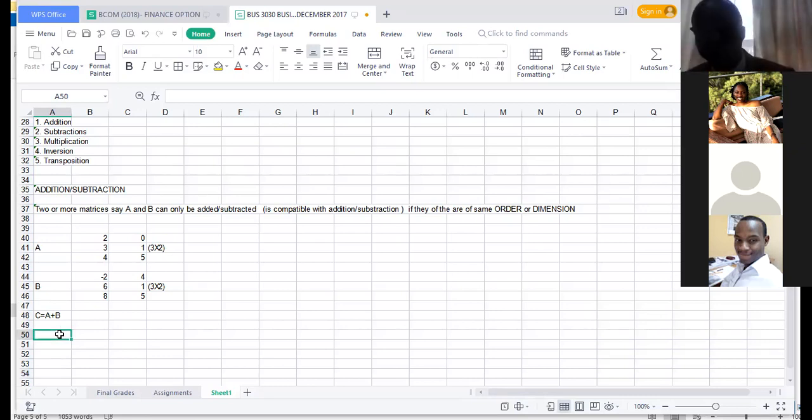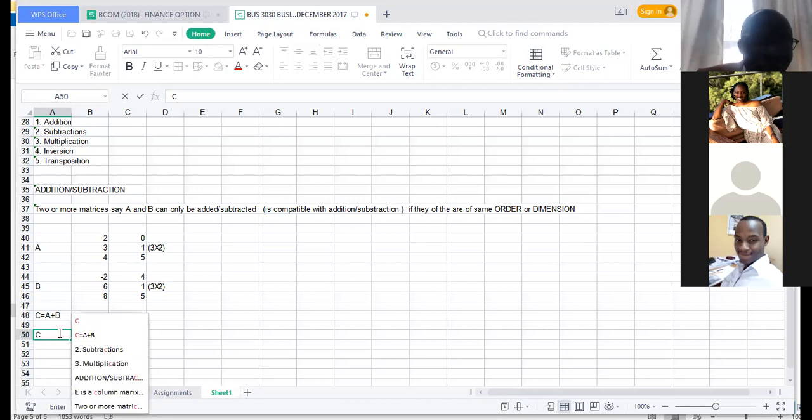The procedure is to add corresponding elements in A and B to get C. So C is equal to, I'll just write it for you here.